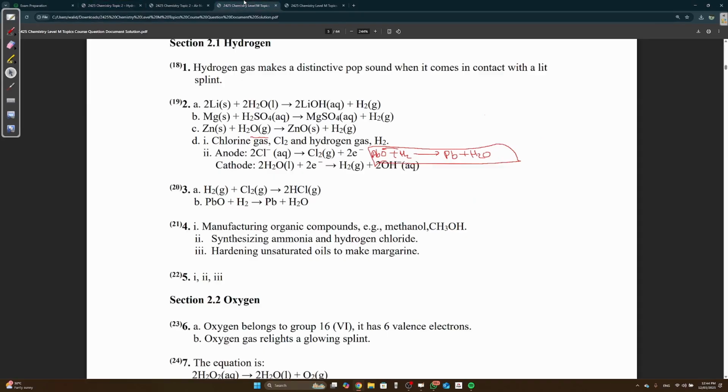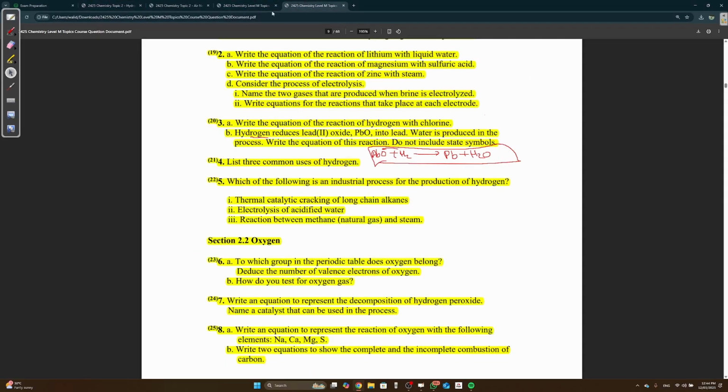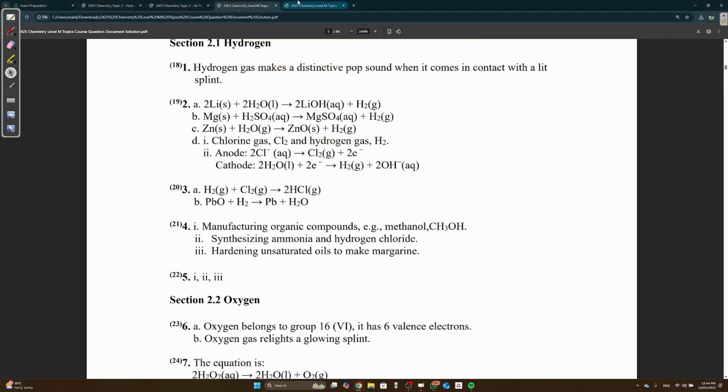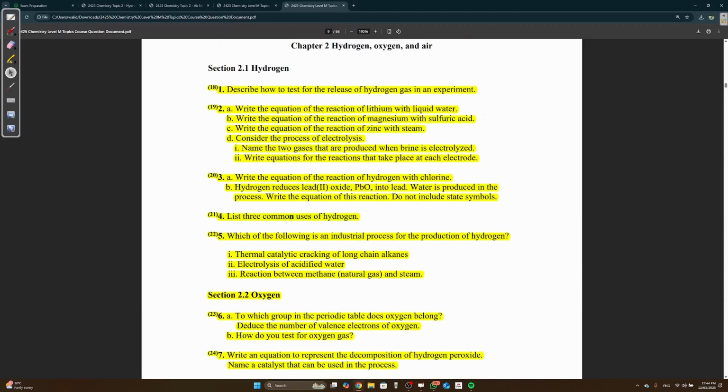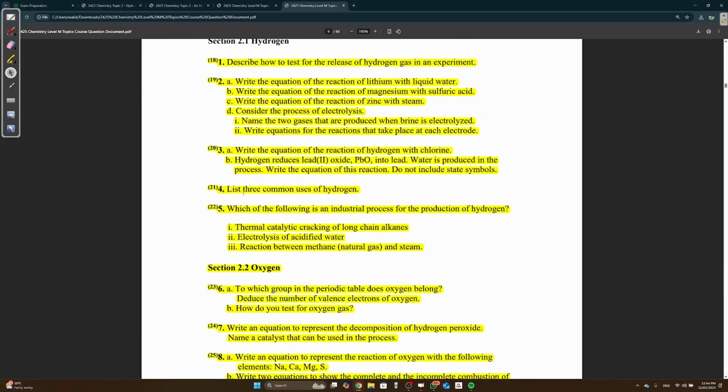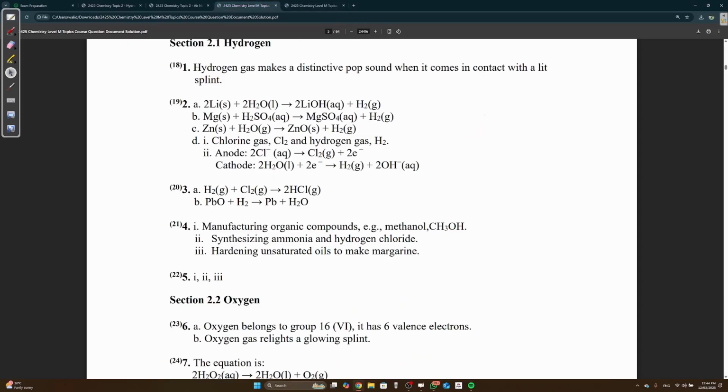This is why I'm telling you, all the reduction stuff, you need them outside of chapter 4. They ask a lot of questions about it. Anyways, list 3 common uses of hydrogen. This is the stuff we like to see, and this is the stuff you might see in exams. What do you need hydrogen for? Manufacturing organic compounds.